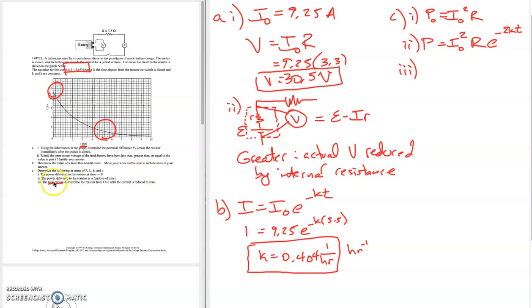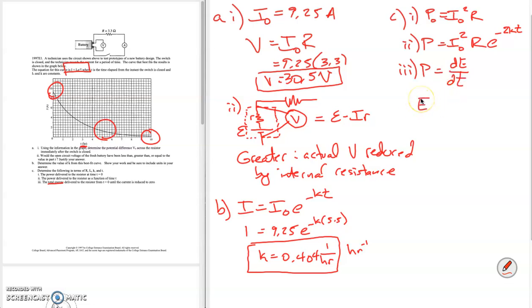All right, now the total energy delivered until the current is reduced to 0. Now, technically the current will be reduced to 0 after a very long time, because even at 10 hours, there's still a little bit of current left. So the energy, or maybe it would be better to start out with our definition of power. Power is the energy delivered over time.